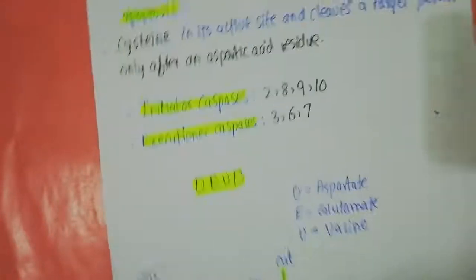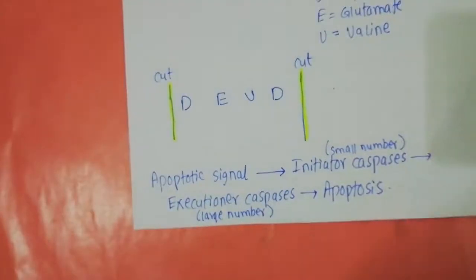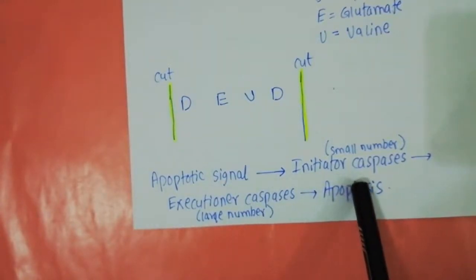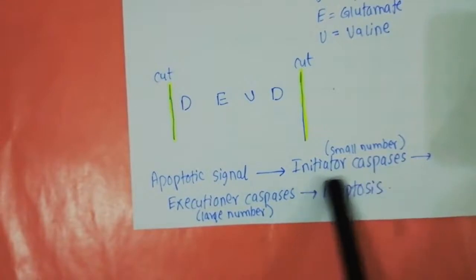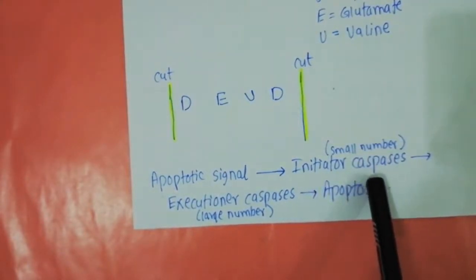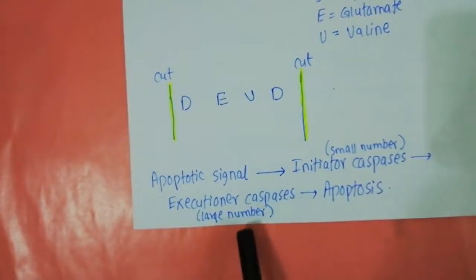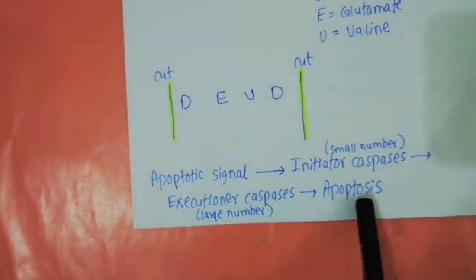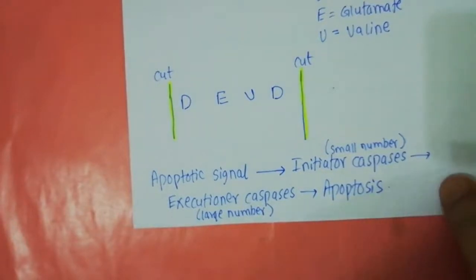If you summarize this, when the apoptotic signal is received, it is responsible for the activation of a very small number of initiator caspases. And this small number of initiator caspases go for the activation of a very large number of executioner caspases. And it is these executioner caspases which are responsible for the process of apoptosis.